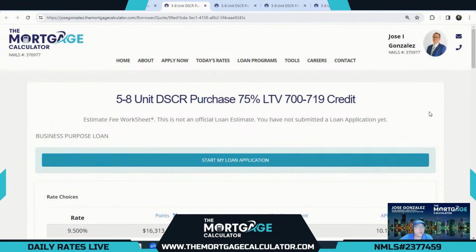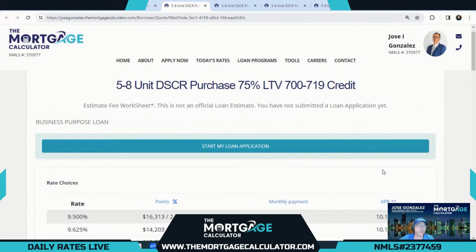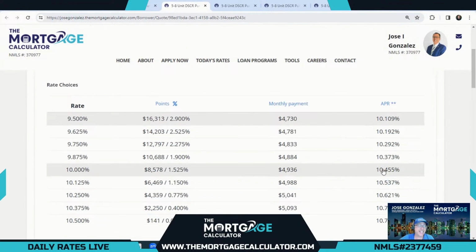So now bringing it down to the credit score at which you still maintain the maximum LTV for this option of 75%, that credit score would be 700. So this option here is for a 700 to a 719 credit. And you will note that our lowest cost option is 10.5.